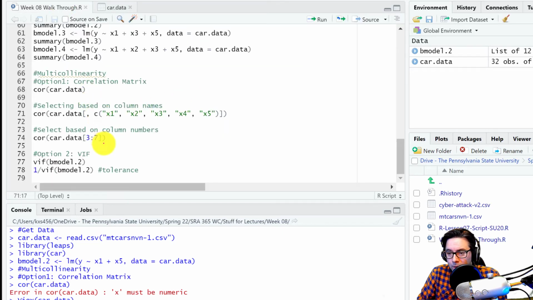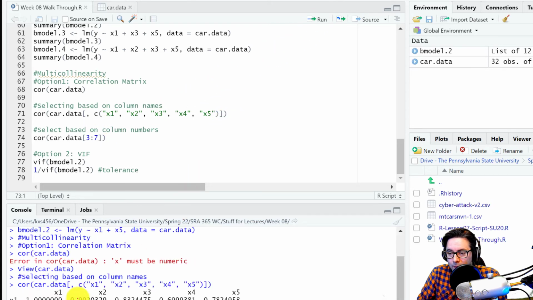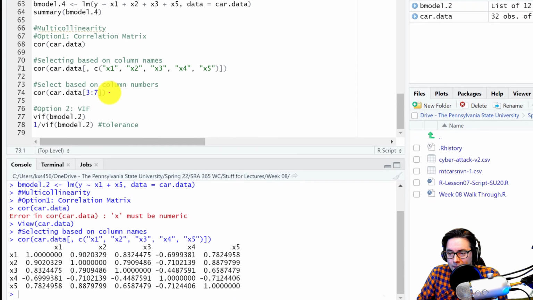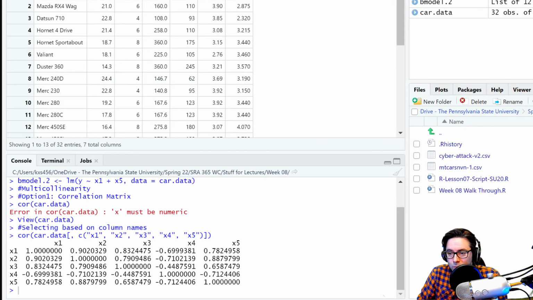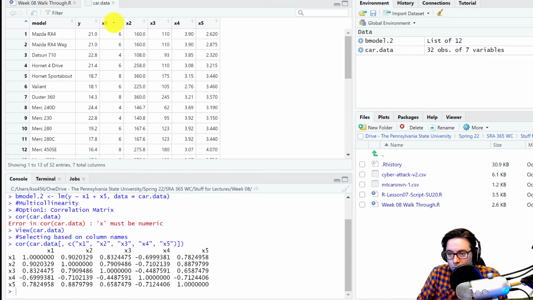So here's where I just pick the individual columns. Run it. There it is. And notice before it was 2 through 7, so 2, 3, 4, 5, 6, 7. So 2 through 7 would be Y through X5. The reason why I changed it to 3 is because we're wanting to find the collinearity between the predictors.